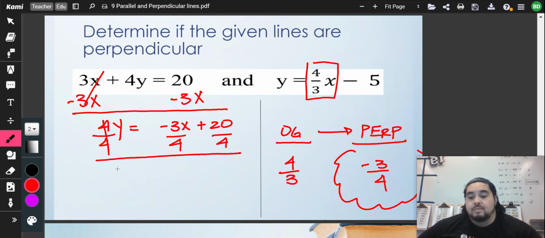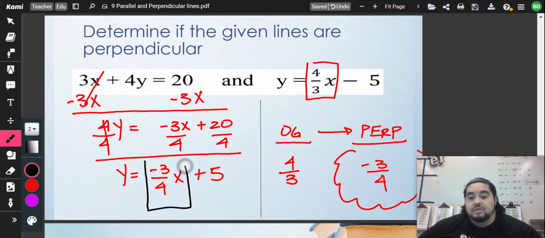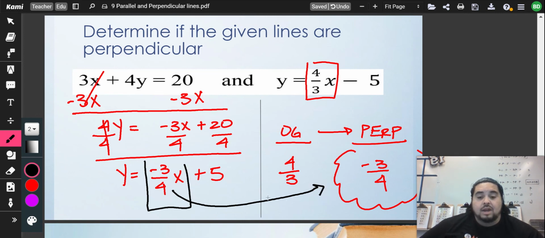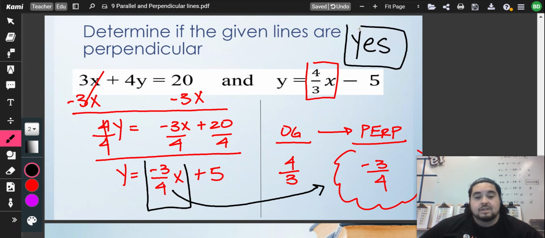These go away, and y equals negative 3 over 4x comes down, and 20 divided by 4 is 5. Now let's compare. The slope of this line, negative 3 over 4, matches up exactly with what we wanted. So the answer is yes, these two lines are perpendicular.